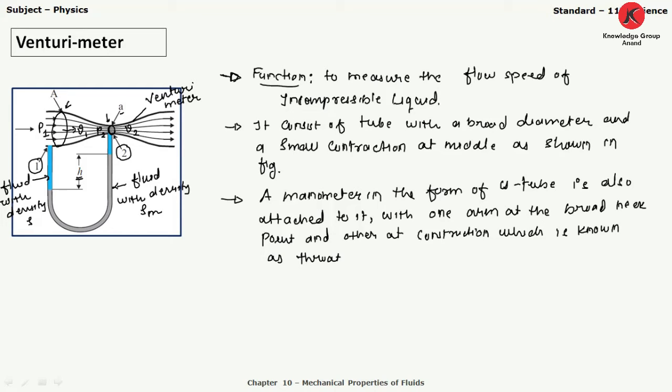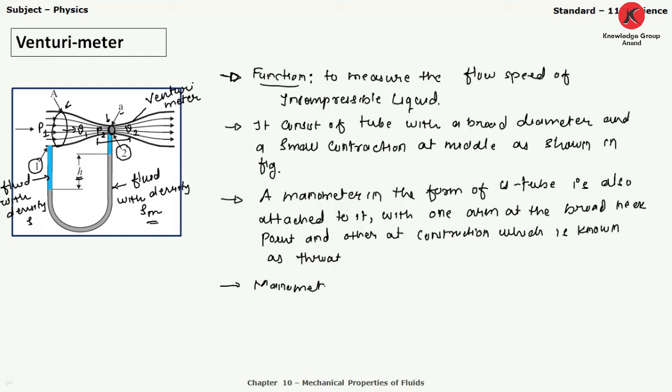So this much area is known as throat. So here the second part, means the other end, is attached over here, means attached with the throat. The manometer contains a liquid of density rho m. So here we can see the manometer having the liquid having density rho m.